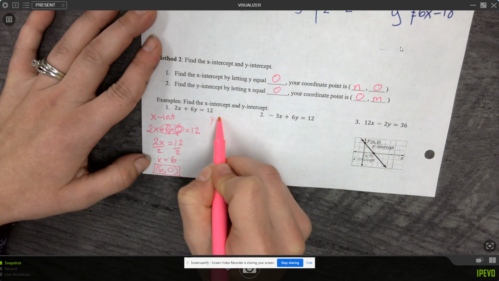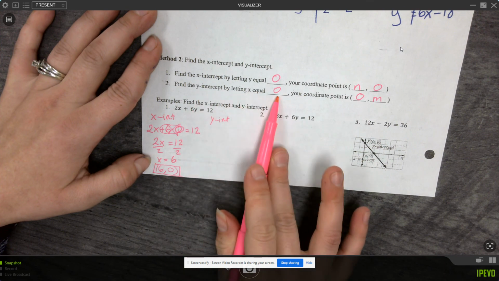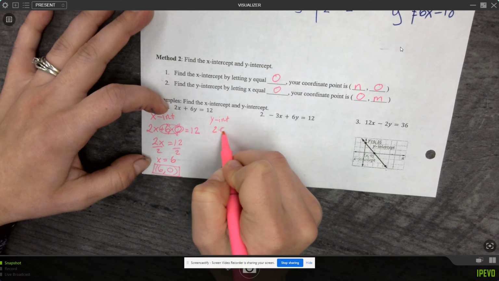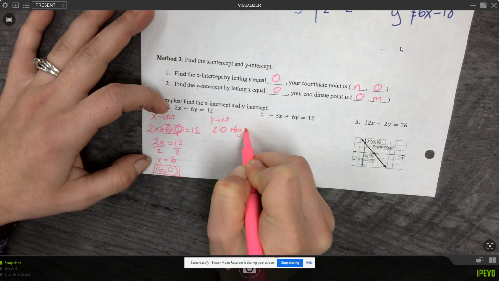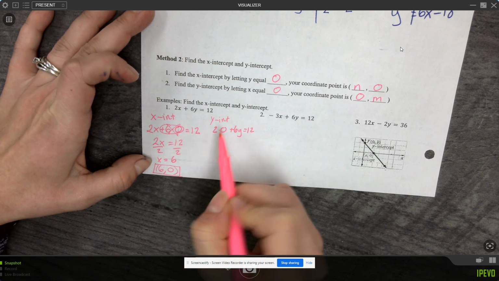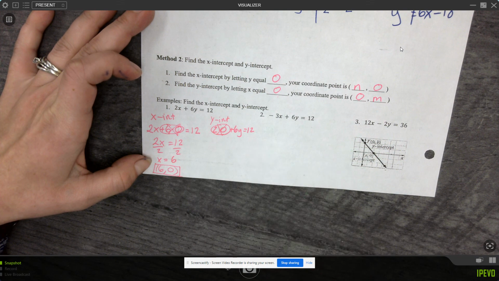Now let's find the y-intercept. Same process, but this time I'm going to let x be 0, because now I'm looking for y. So now I have 2 times 0 plus 6y equals 12. And similar to before, 2 times 0 is 0, so this whole term is gone.